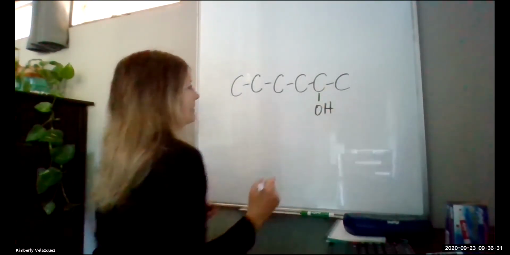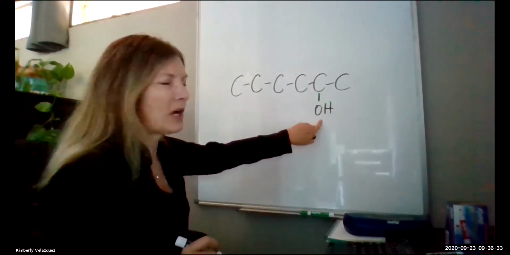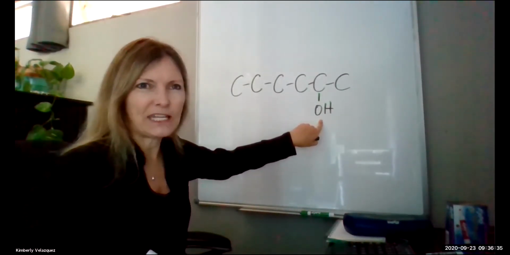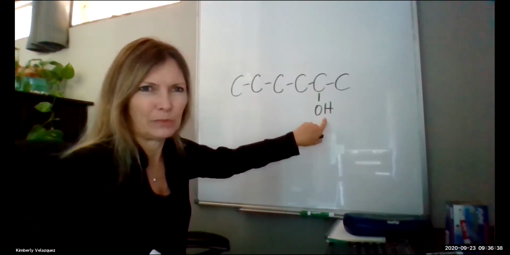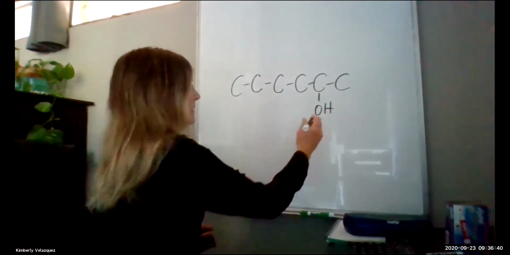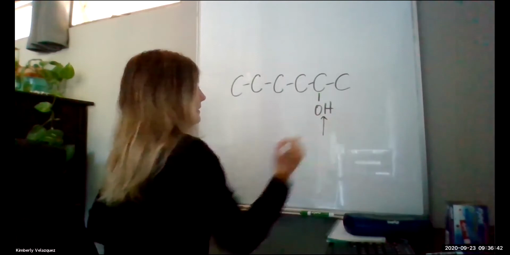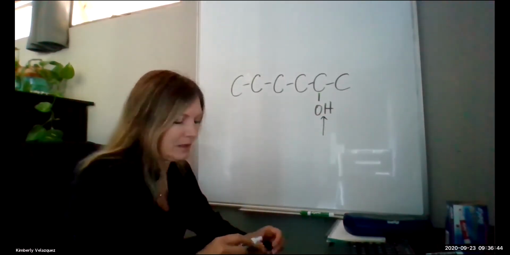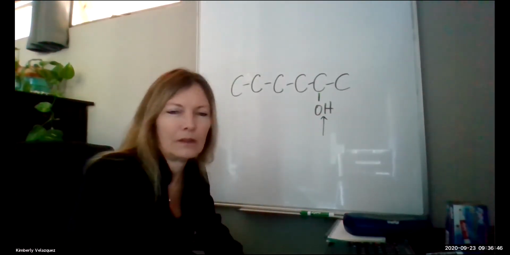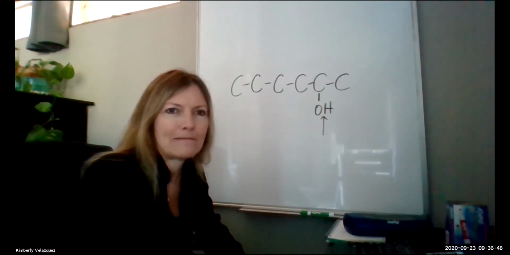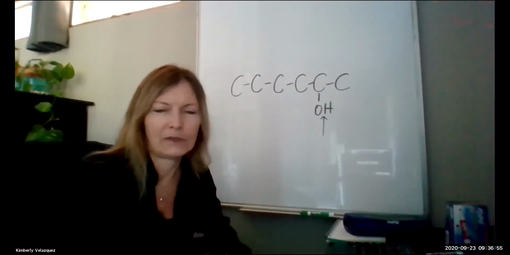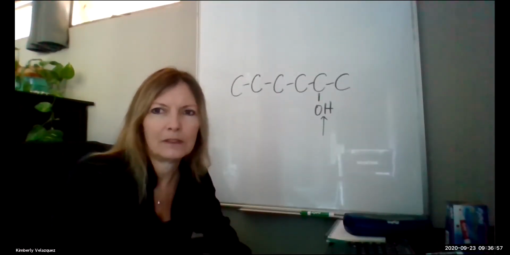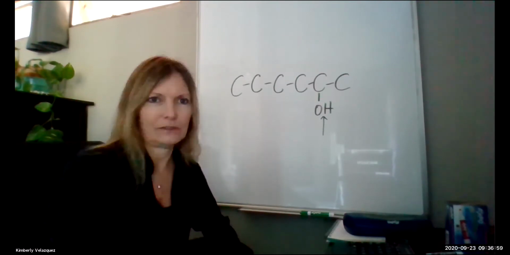What makes you able to identify this as a carbohydrate is, first, we're going to have multiples of this functional group. Does anyone remember what that functional group is called? Carbonyl. It's just an oxygen and hydrogen together. Hydroxyl, yes.